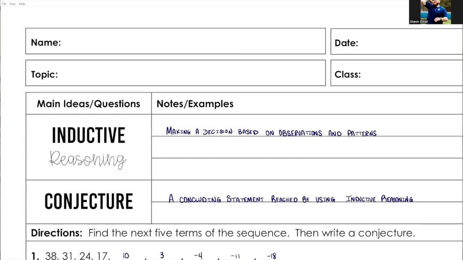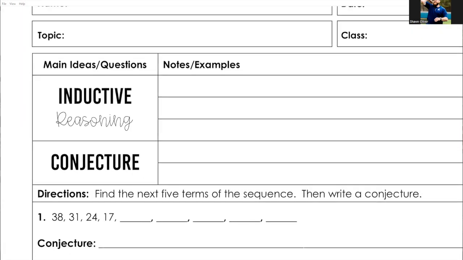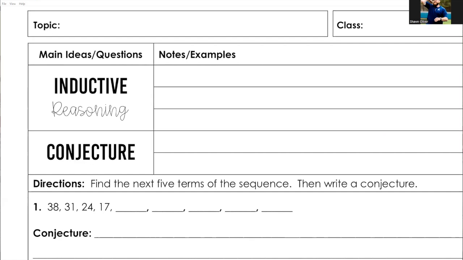We've seen these before in math class. You guys have done these sequences before. You did a lot of them in Algebra 1. It wants us to find the next 5 terms in the sequence and then write a conjecture. Your conjecture is what you think is happening inside of our pattern.